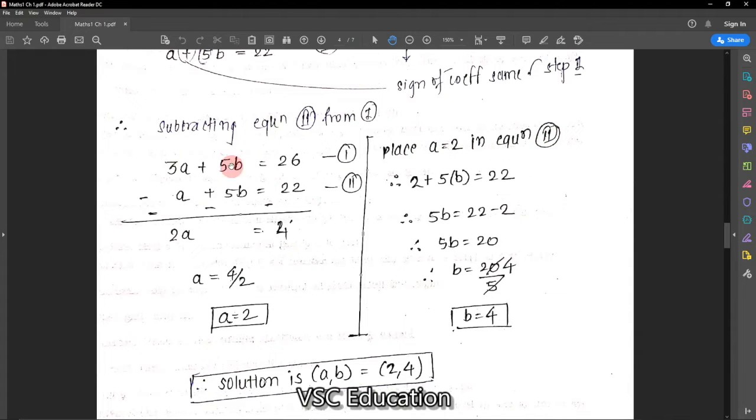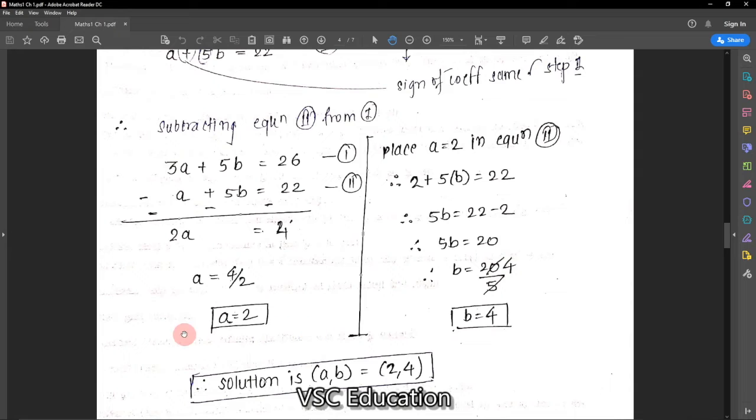What is the second equation? a plus 5b is equal to 22. We are putting the value of a, that is 2, plus 5b is equal to 22. 2 always goes to this side, so it should be minus. Therefore 5b is equal to 22 minus 2, 20. Always b is equal to 20 upon this 5, that is 4. What is the answer? b is equal to 4.